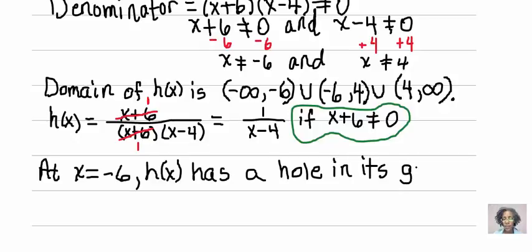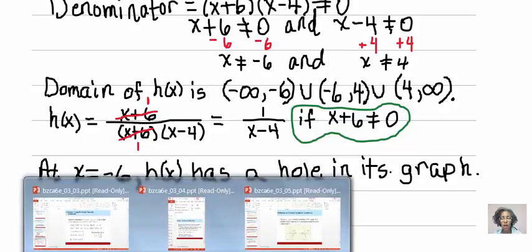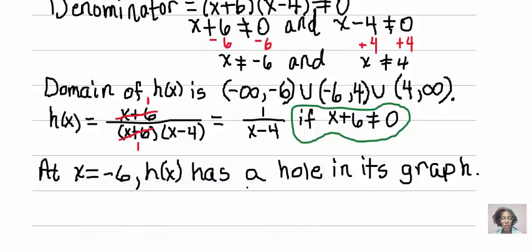And this always happens if there is a factor in the numerator that involves the variable and that same factor is also in the denominator of the rational expression. So we want to talk about what happens in general.